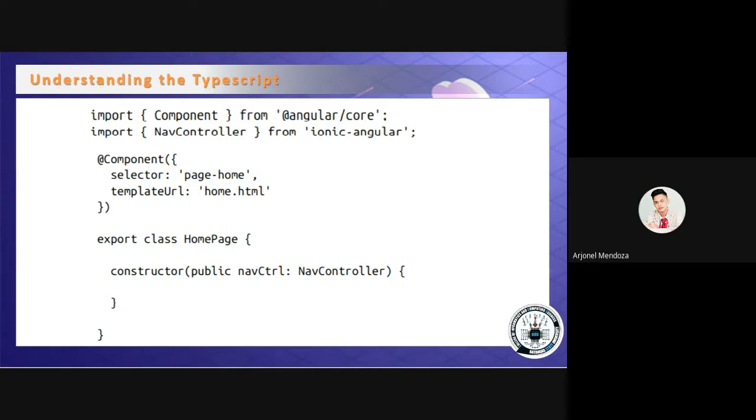Lastly, the TypeScript. So the last element needed to create an Ionic screen is associated with the TypeScript or the .ts file. So this is where all the Angular or TypeScript code to control the interaction of this page will be written. So the functions of your applications will be written on the .ts file or on the TypeScript file.